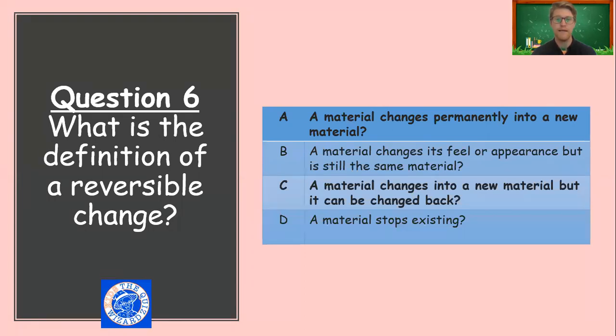C. Is a reversible change when a material changes into a new material but it can be changed back? D. Or is a reversible change when a material stops existing? Again, it's like a previous question. There may be a clue in the word.